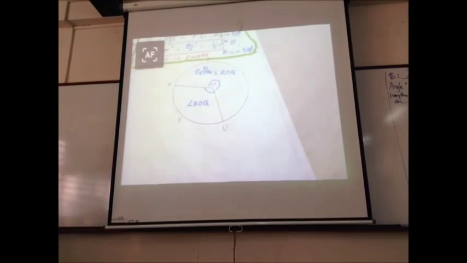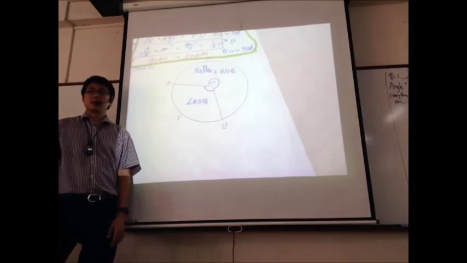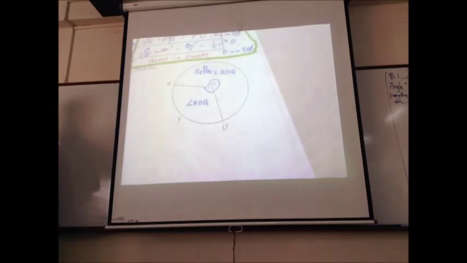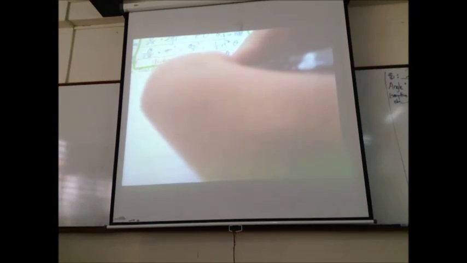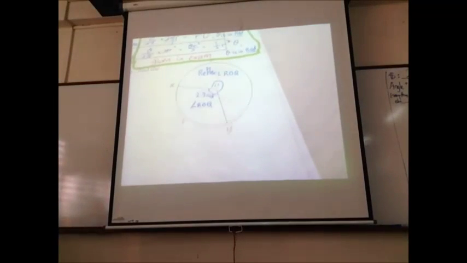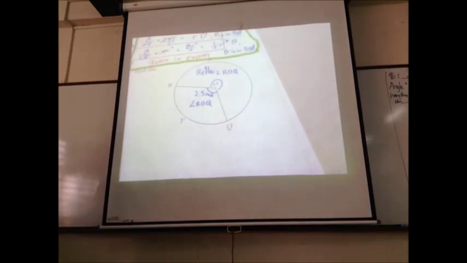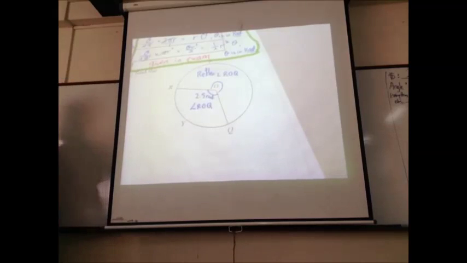So therefore, this 2.5 belongs to where? The non-reflex, the small one. So you want to write down, this is 2.5 radian. Now, what's the next thing I need to label on my diagram? Radius. Where's the radius? 4.